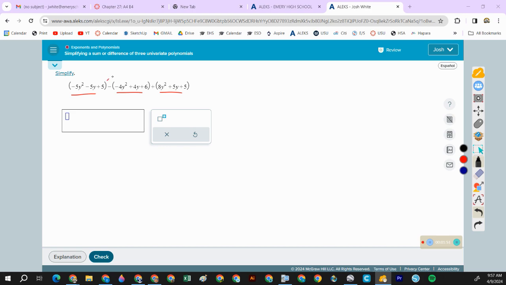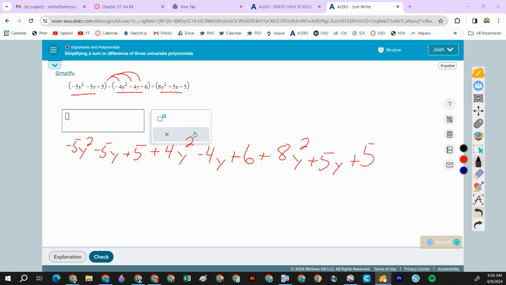I recommend distributing that in. So negative 5y squared minus 5y plus 5, and then plus 4y squared minus 4y plus 6 plus 8y squared plus 5y plus 5. And now we just combine like terms.